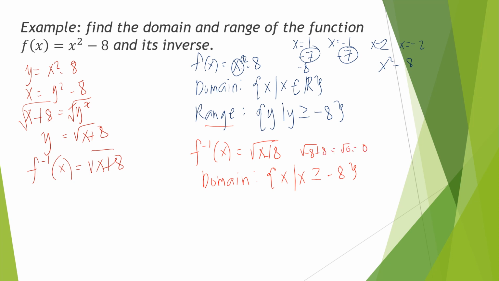Pero kapag negative 9 yan, hindi na siya pwede. So, yun yung property ng inverse function natin, yung domain and range niya. Ang range naman niya ay set of y such that y is an element of all real numbers. Okay? So, yan yung pagkuha ng domain and range ng problem natin.